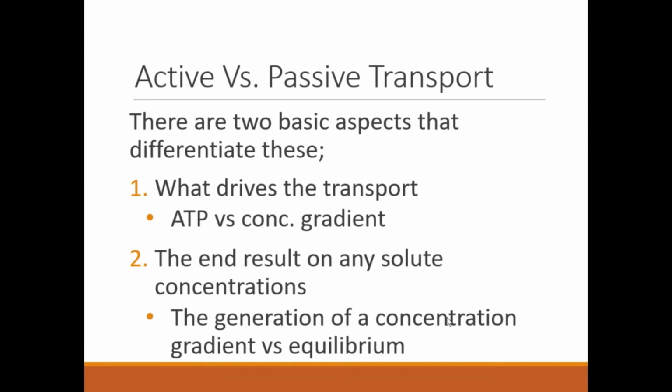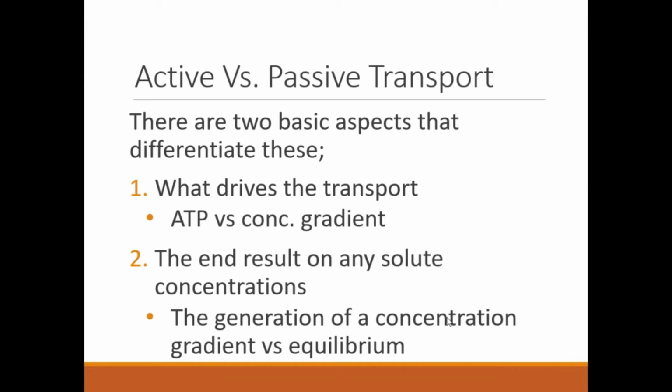The second main difference is the end result. If we let each type of transport occur undisturbed for a period of time, what's our end result? For active transport, it's going to be the concentration gradient production. We're going to create a concentration gradient.